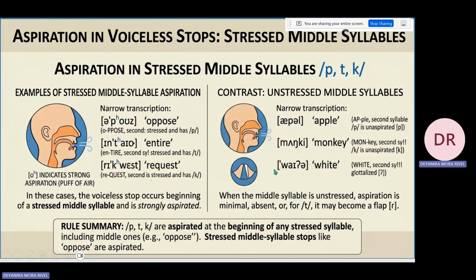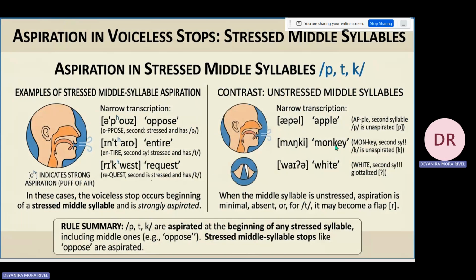Apple, monkey, and here we have white. In white, it's one syllable, right? But the T is at the end and it's glottalized, which means that there's like a stop.